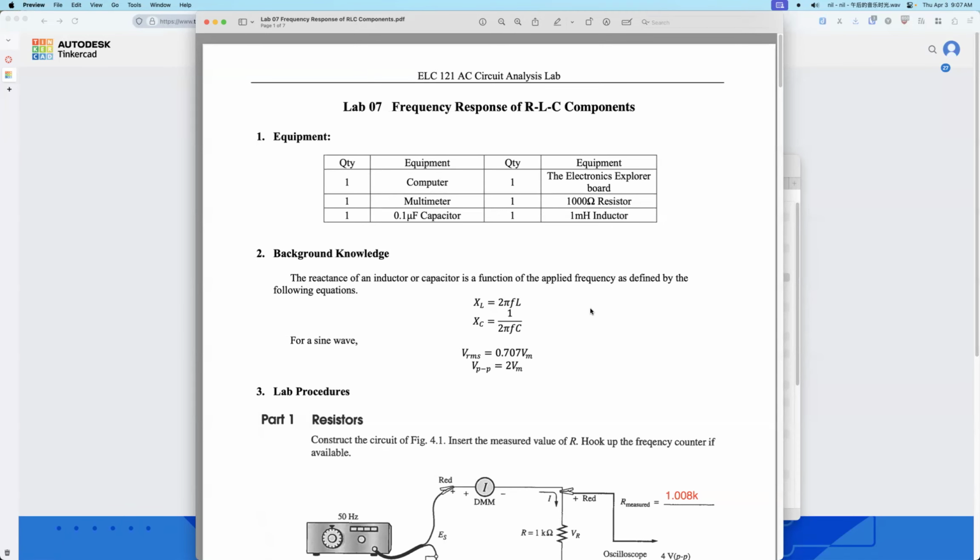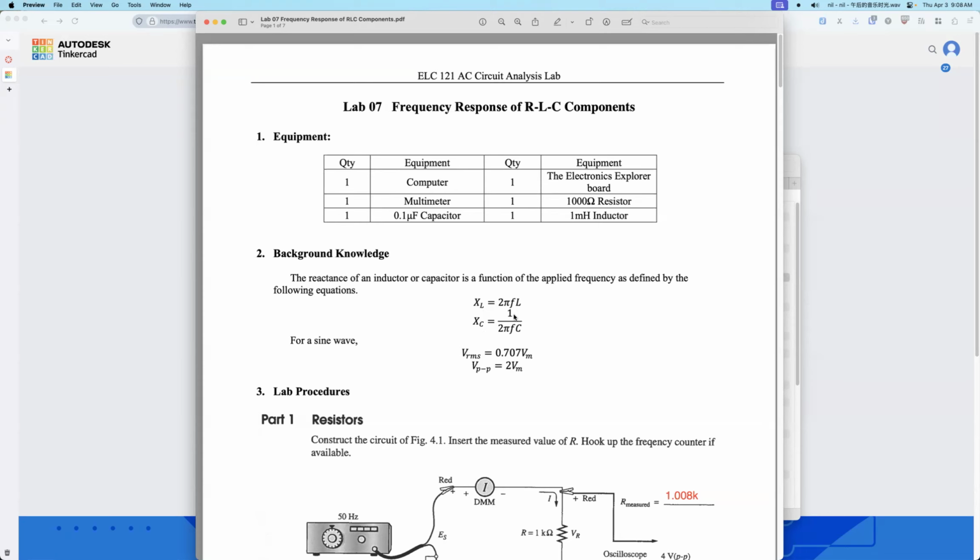Okay, so for lab 7, frequency response of RLC components. For this one, we will use these equations. XL, the reactance of an inductor, equals 2 pi FL.